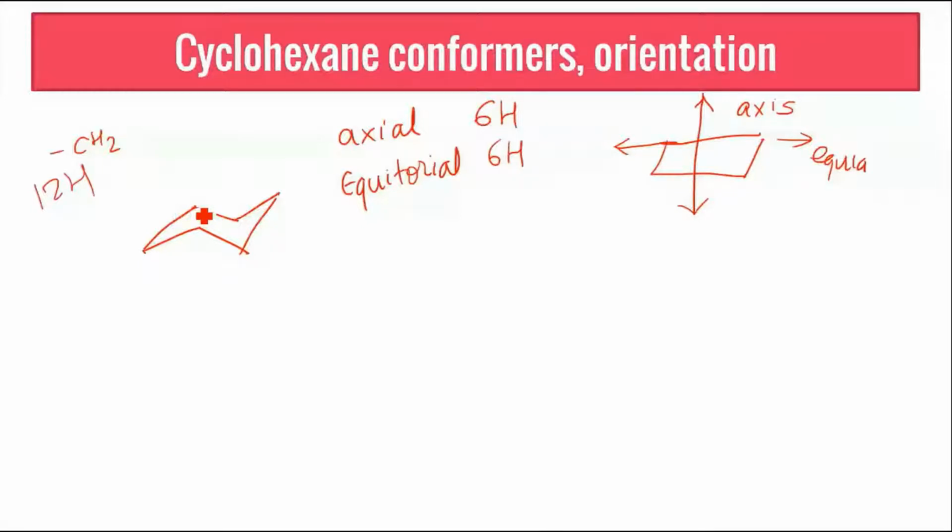The same way, if I want to draw the rest of the axial bonds, remember, the easy way is all the carbons have 1 axial and 1 equatorial. क्योंकि 6 carbons हैं, 6 axial हैं, 6 equatorial हैं, which means all carbons have 1 axial, 1 equatorial. So I have drawn for these 3 carbons. Now the rest of the carbons' axial bonds would be these 3 bonds.